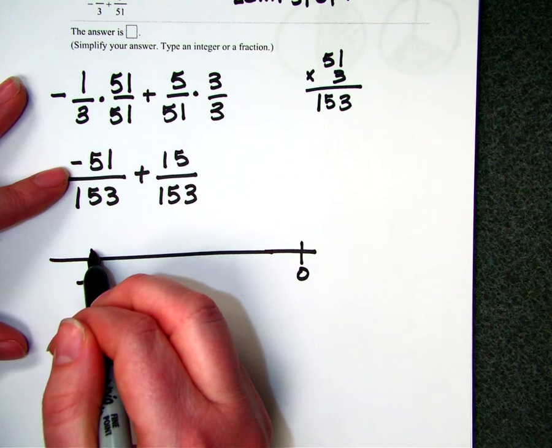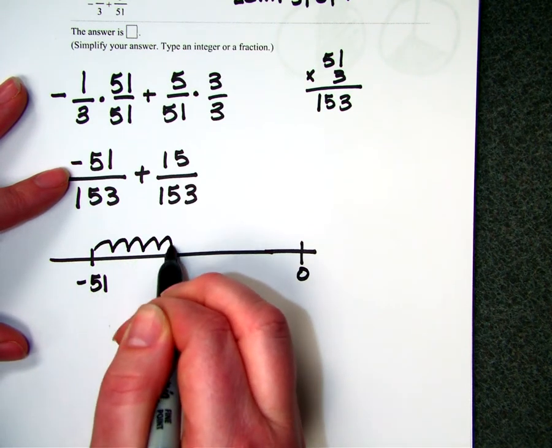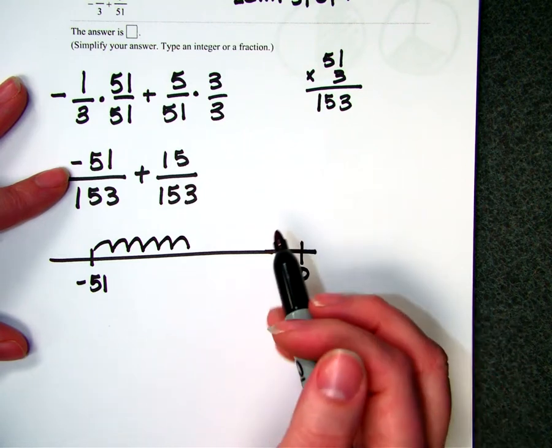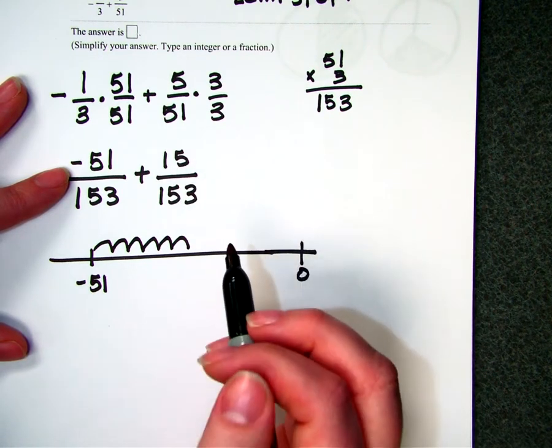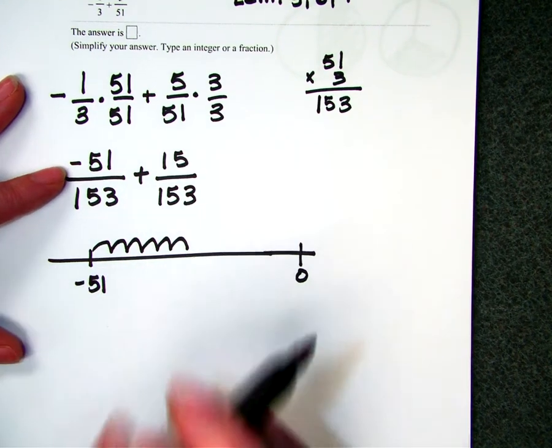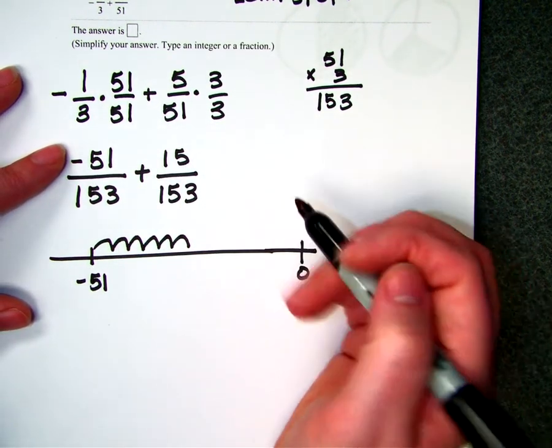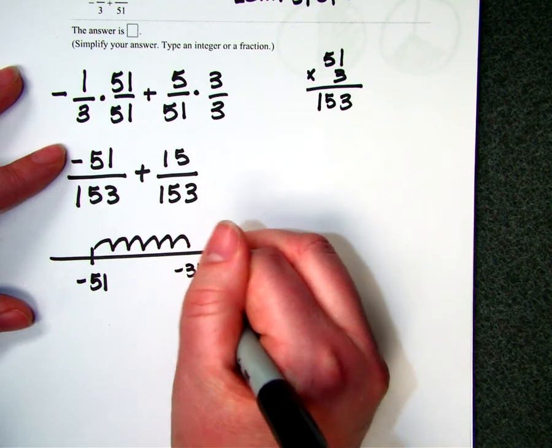So anytime we are adding 15, we're actually moving over to the right side 15 times in this case. So if I'm at negative 51 and I'm adding 15, so I'm moving over to the right, what number will I land on? What is 15 spaces to the right of negative 51? And the answer is negative 36.